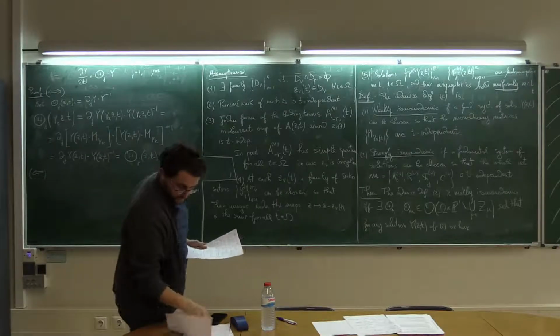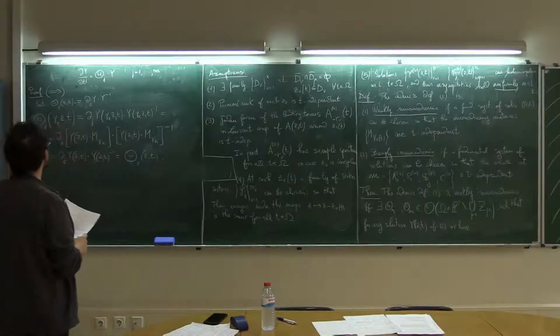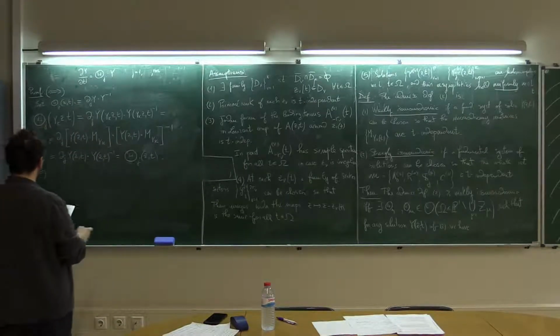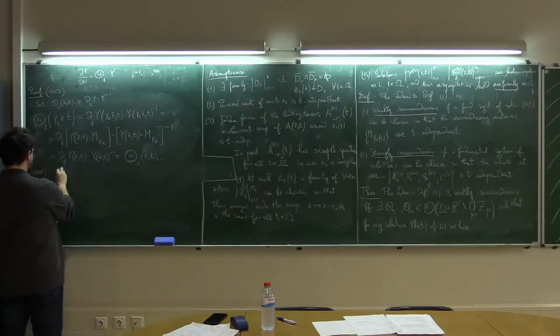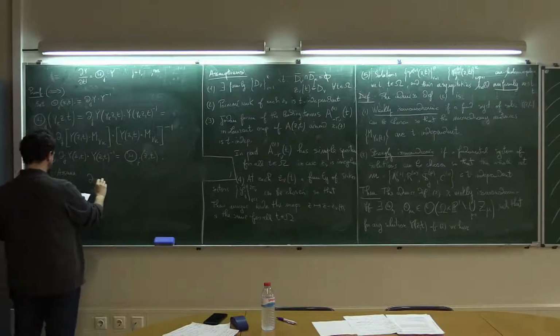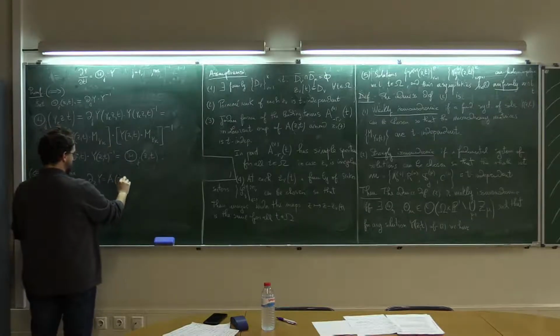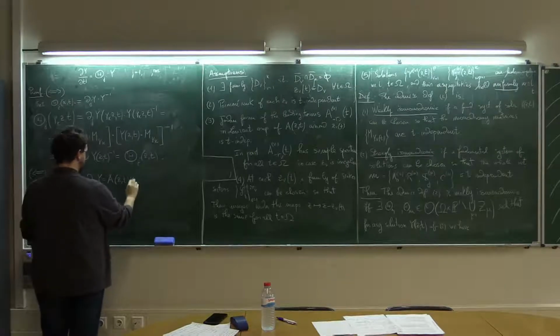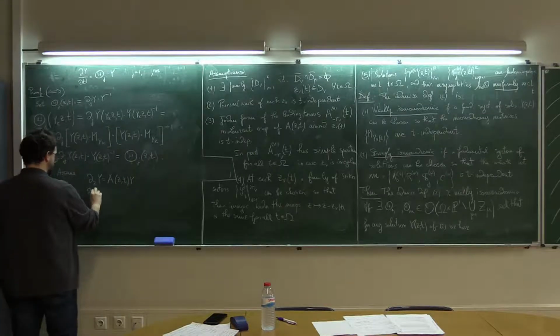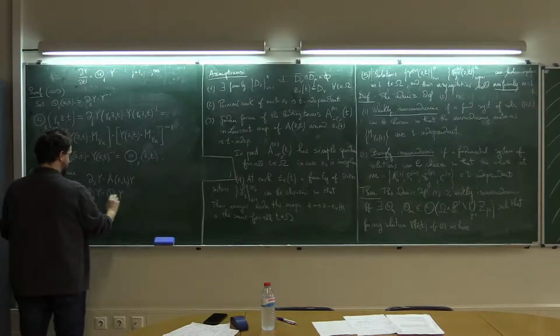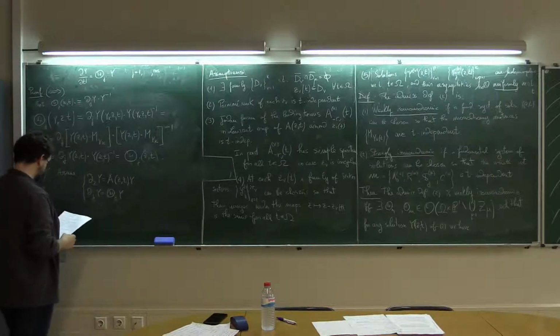In the other direction, assume that we are given the following joint system. So assume we have ∂_z y equals A(z,t) times y, and ∂_j y equals theta j times y. So we have this joint system.